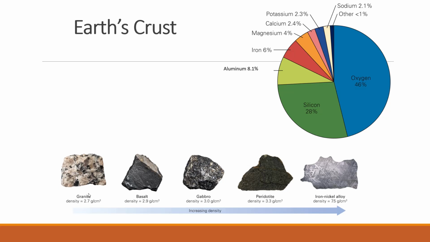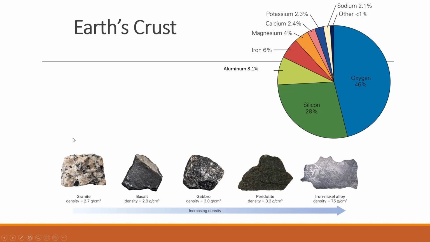So this chart here is showing us the elements that are the majority of the crustal composition. Oxygen and silicon are in most of the minerals that we see. They are the, quote, silicates, and then we see these others in combination with it. On this bottom part, we see different rock types with increasing densities.